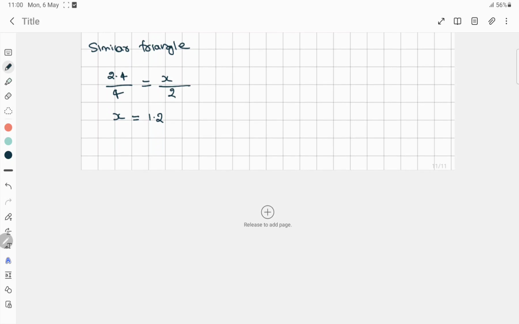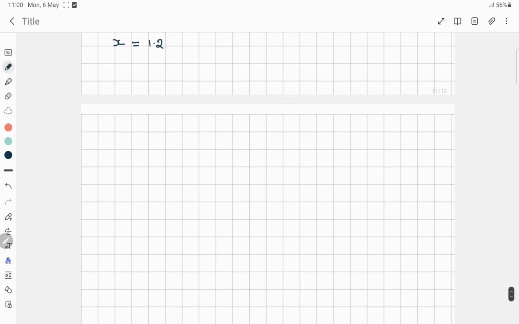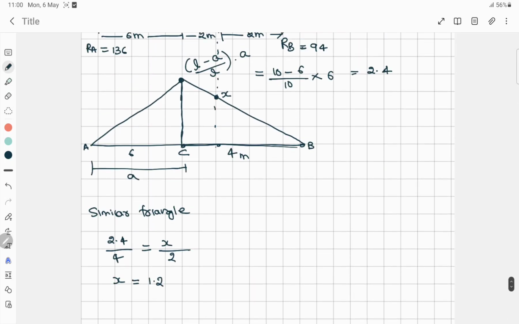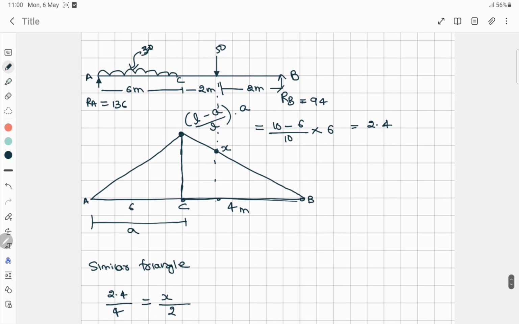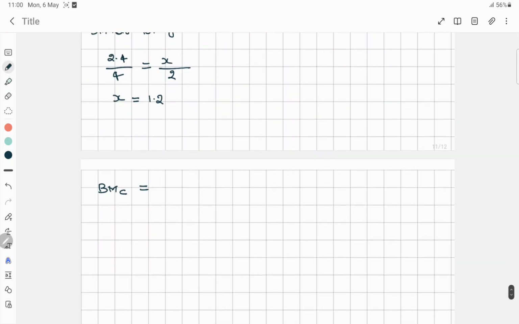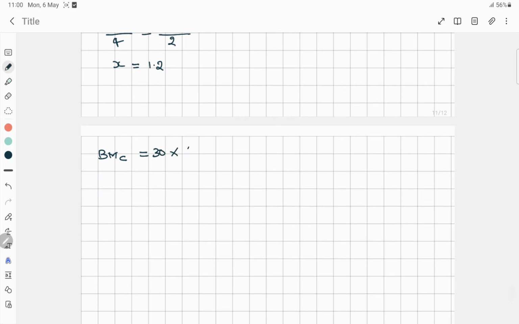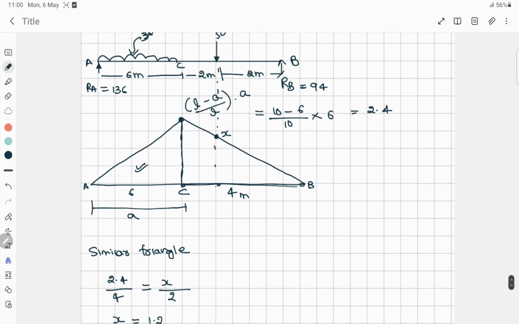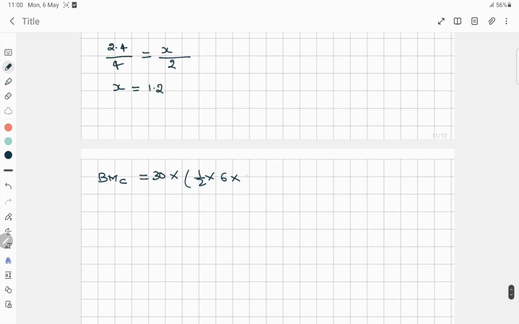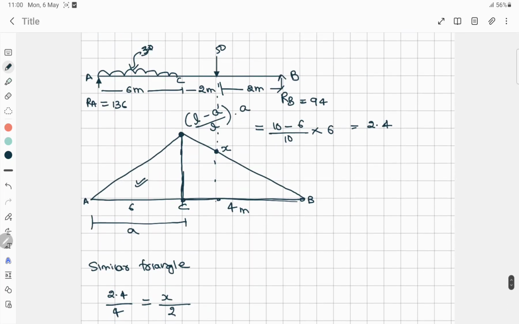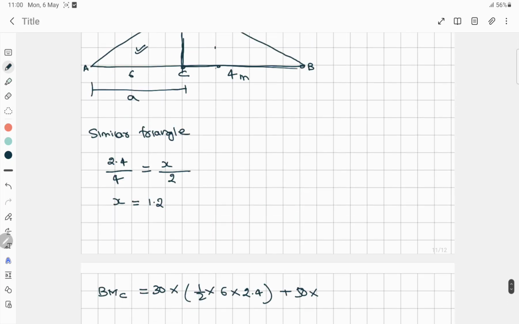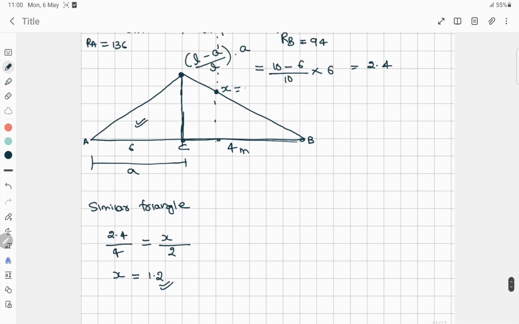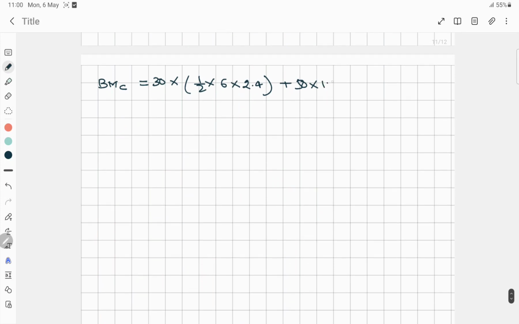Now after getting this, we can easily find the bending moment at C. Bending moment at C is equal to 30 into this area, so 30 into half into base, which is 6, into height, which is 2.4, plus 50 point load, 50 into the ordinate, which is x equal to 1.2.